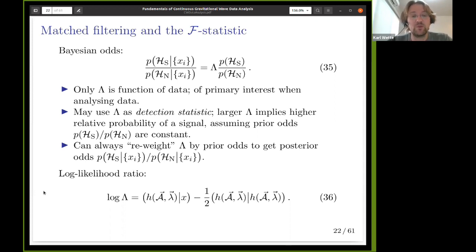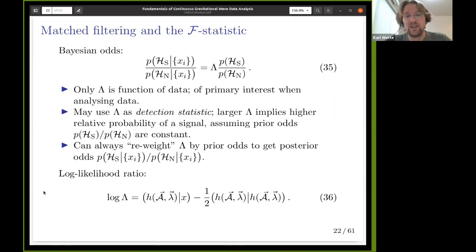Basically, we can either treat that lambda as a detection statistic. That means larger values of lambda give us higher relative probabilities of a signal, but we don't get exact probabilities unless we assume the prior odds are constant.